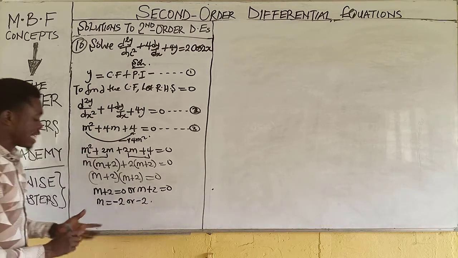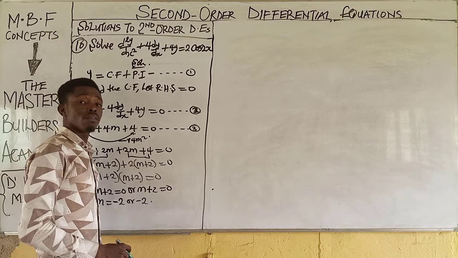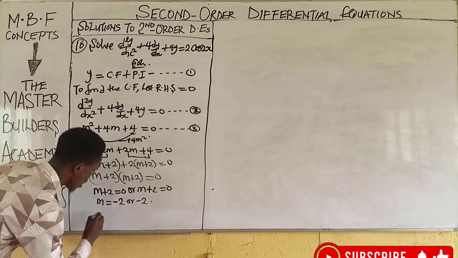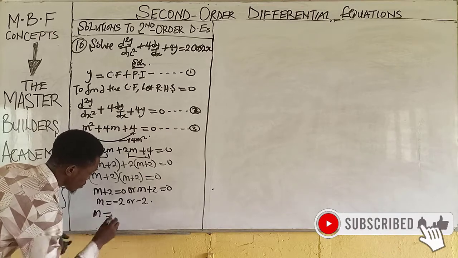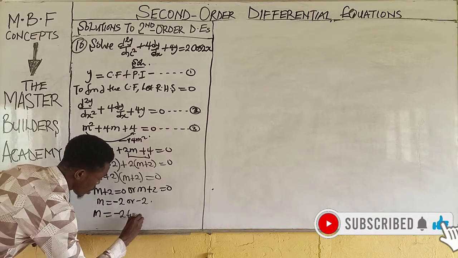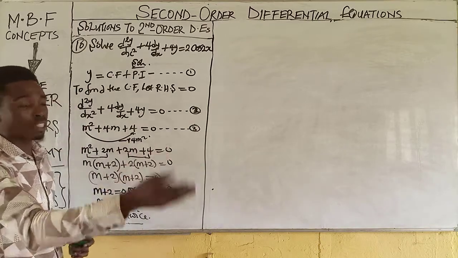Now we have roots of equal value. That is to say, m is equal to minus 2 twice. And when we have this, what is the equivalent complementary function?